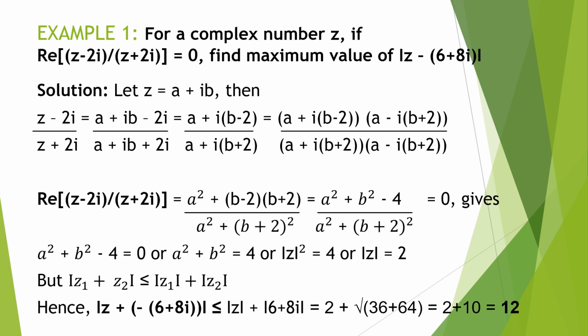So now this is less than or equal to mod z plus mod of 6 plus 8i. Now mod z is 2, we have already obtained that. And what is mod of 6 plus 8i? Root of a square plus b square means root of 36 plus 64. On simplification, this is equal to 12. So the maximum value for mod of z minus 6 plus 8i is equal to 12.